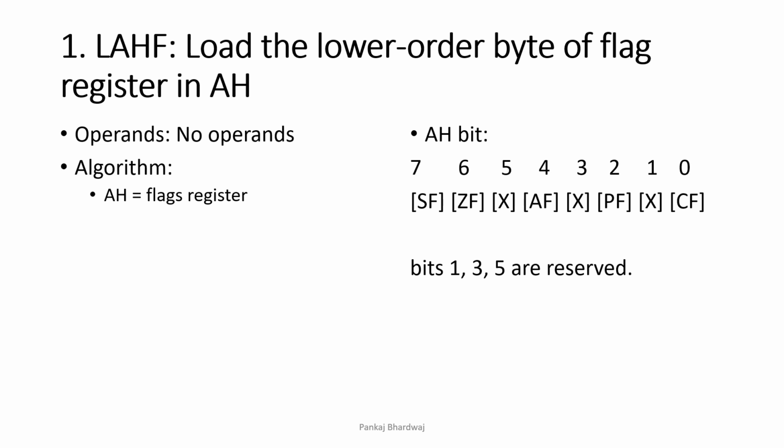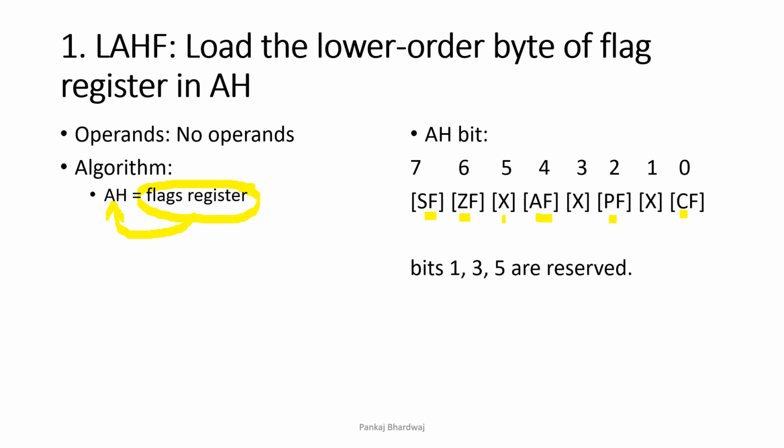The low byte of the flag will contain the sign flag, zero flag, auxiliary carry, parity, and carry flag. So these 8 bits of the low byte of the flag will be loaded into the AH register. So AH will now become the low order byte of the flag.